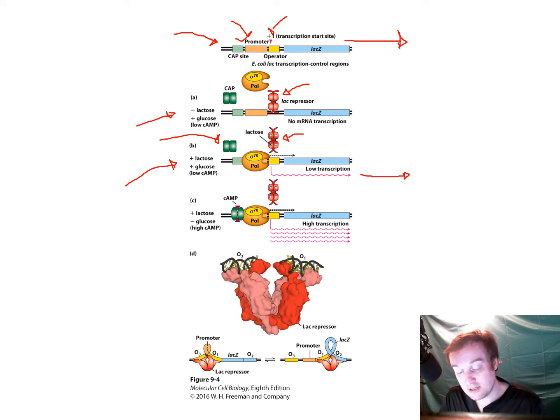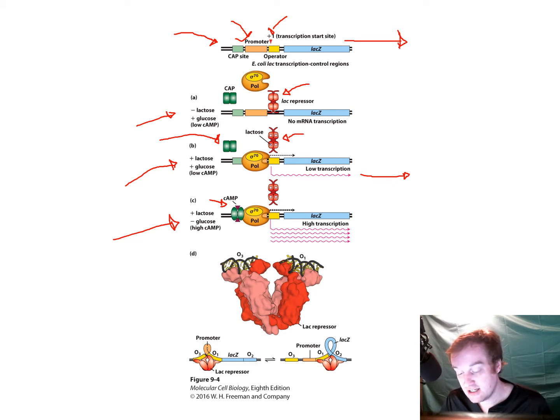And then lastly, what happens if all we have is lactose and no glucose? So we're desperate to metabolize these sugars for energy. So what happens then is, because there's no glucose, this cyclic AMP is bound to the CAP protein, which is an activator, so it actually increases the amount of transcription of a gene.